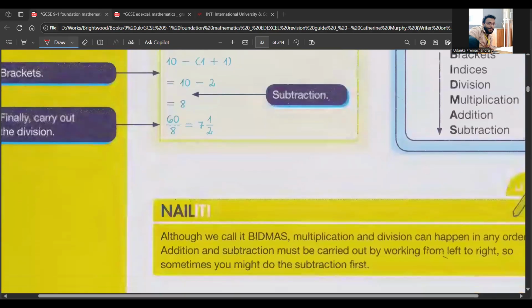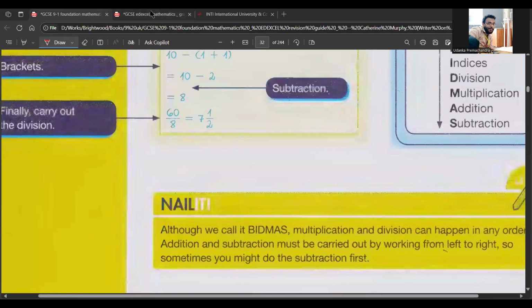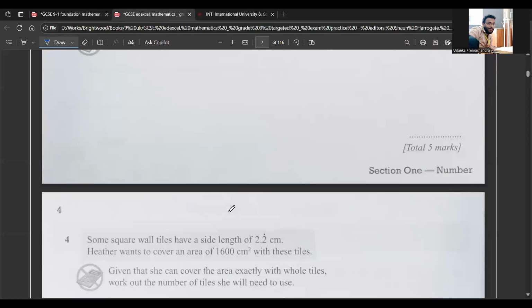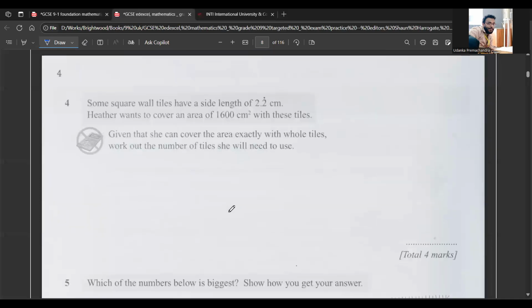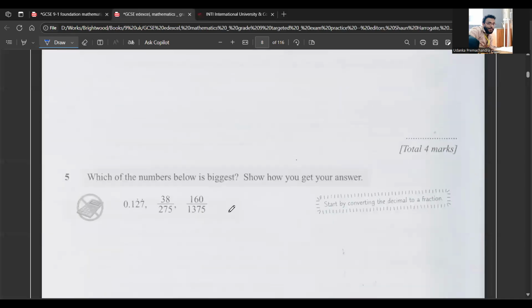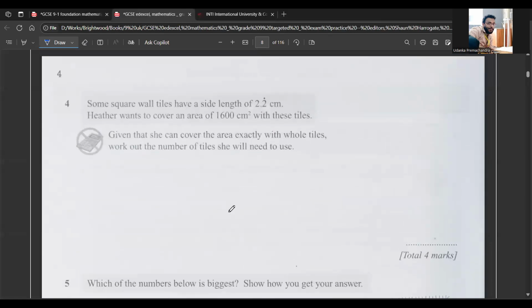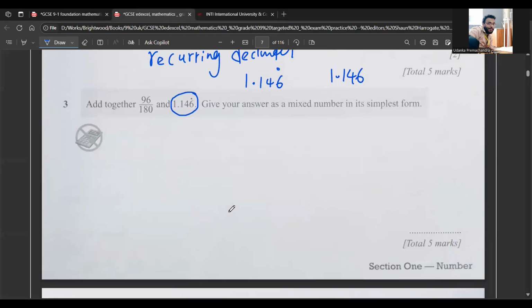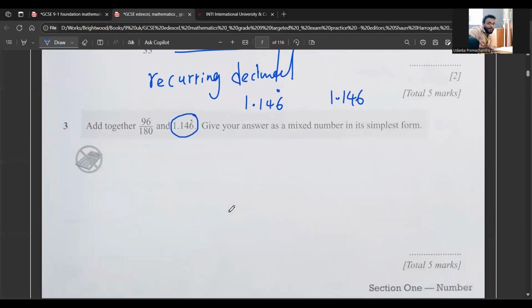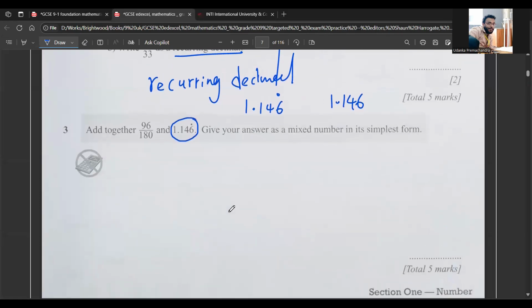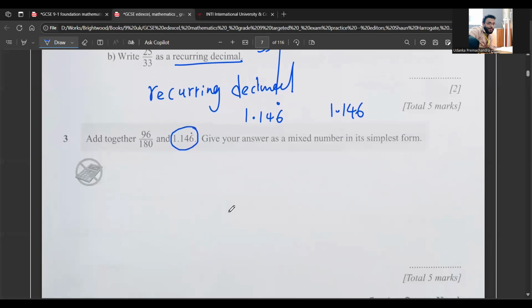Yeah, order of operation. Wait, here with the decimal point. No need to think about the recurrence.